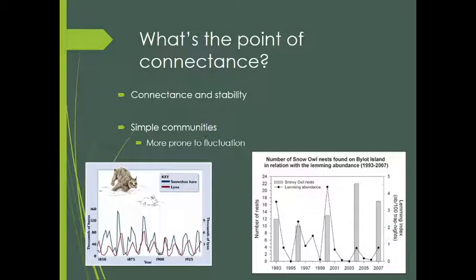So there's been a lot of research looking into how connected a food web is and its stability. And what we see is that more simple communities, what we generally think of as less connected food webs, are really prone to fluctuation, right?